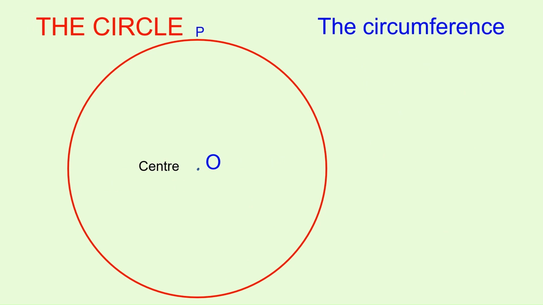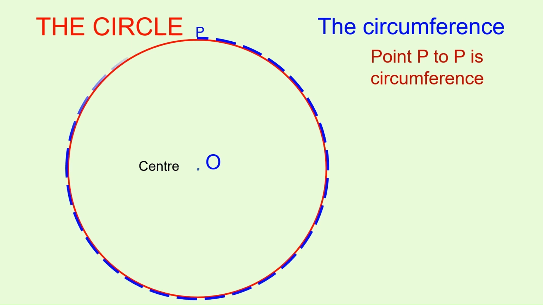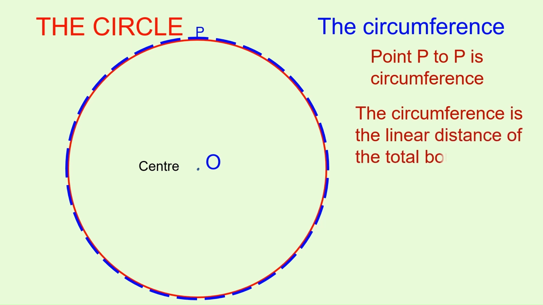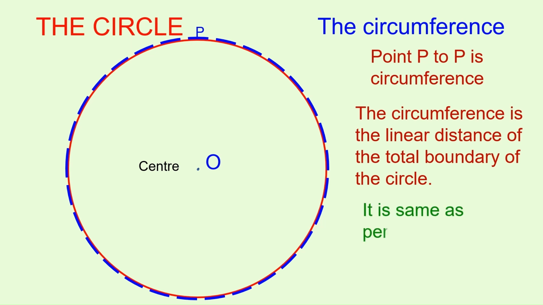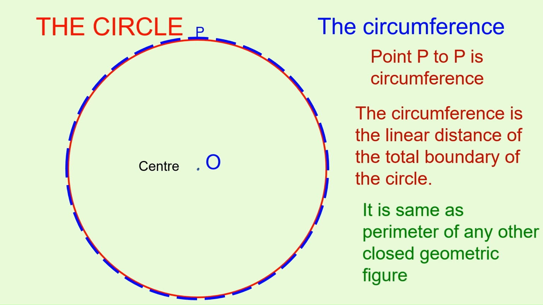The circumference of the circle. Point P to P is the circumference. The circumference is the linear distance of the total boundary of the circle. It is the same as the perimeter of any other closed geometric figure.